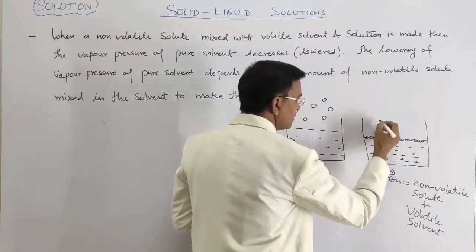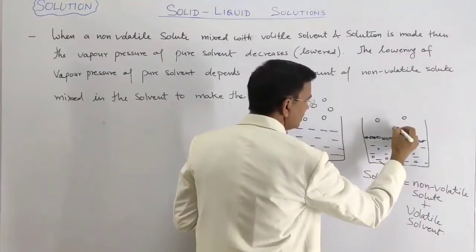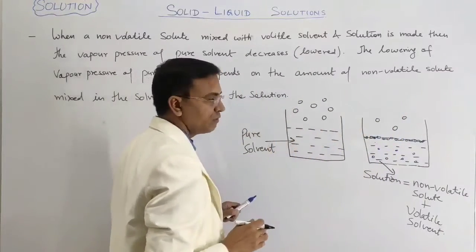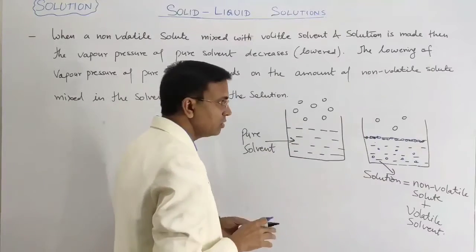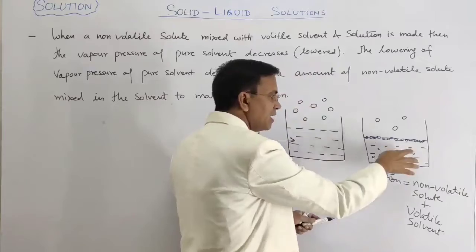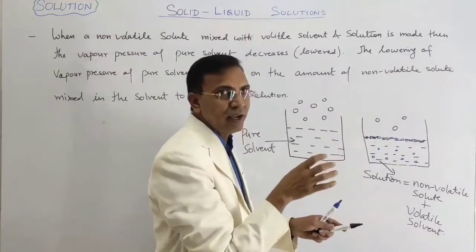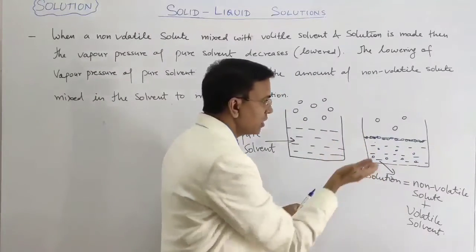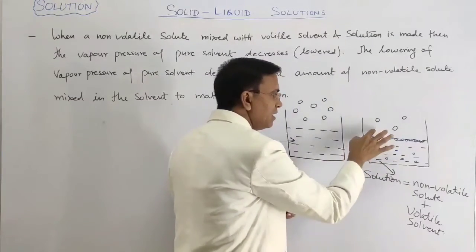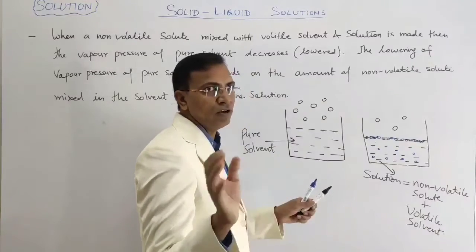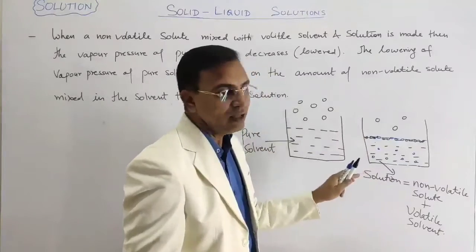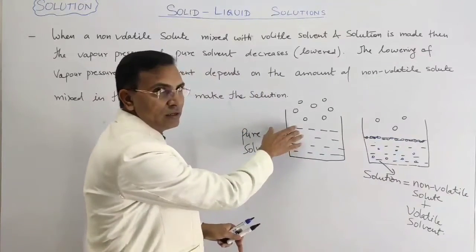Now the number of solvent particles going to the vapor phase becomes less in comparison to before, when it was in pure form. Why is it so? Because some surface area is covered by the non-volatile solute particles, and they do not allow the solvent particles to go into the vapor phase. So the volatile solvent particles get less area than before.